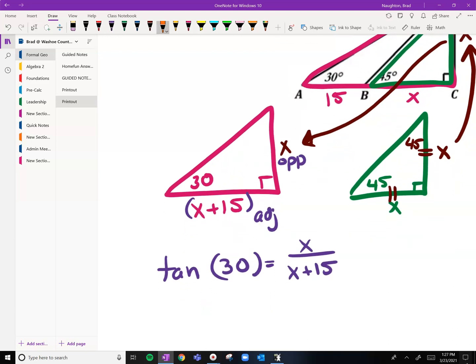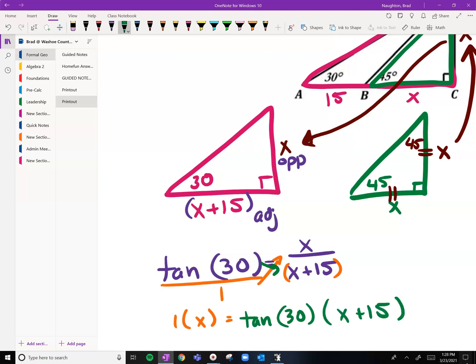So put parentheses around your binomial there, and put this over 1. Cross multiply, so 1 times X. Cross multiply here, and this is going to be tangent 30 times X plus 15.